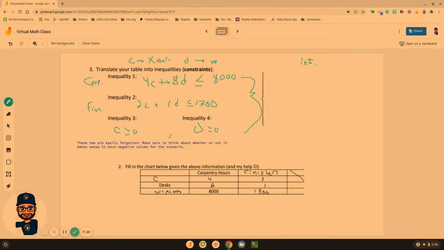So as I'm graphing these and looking at the intercepts, I am truly using C as if it's on the x-axis and D as if it's on the y-axis. I hope that makes sense.